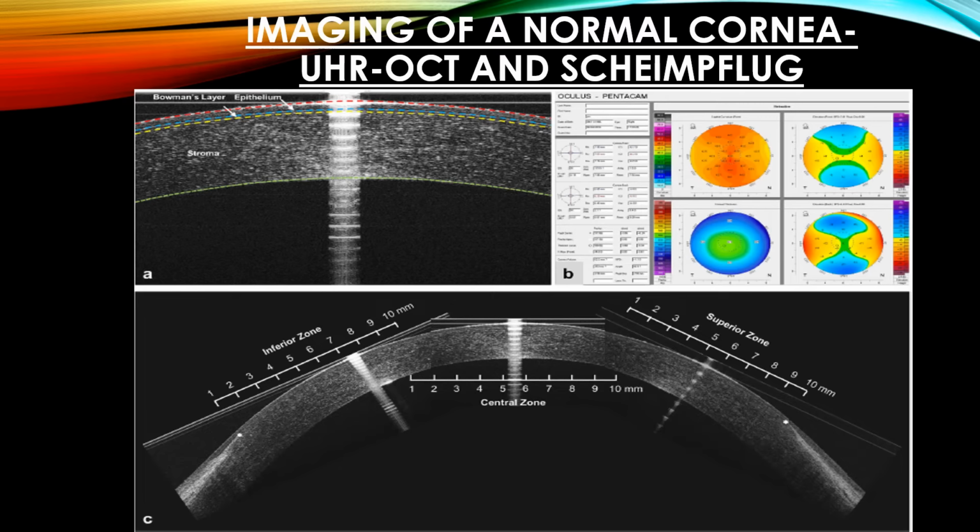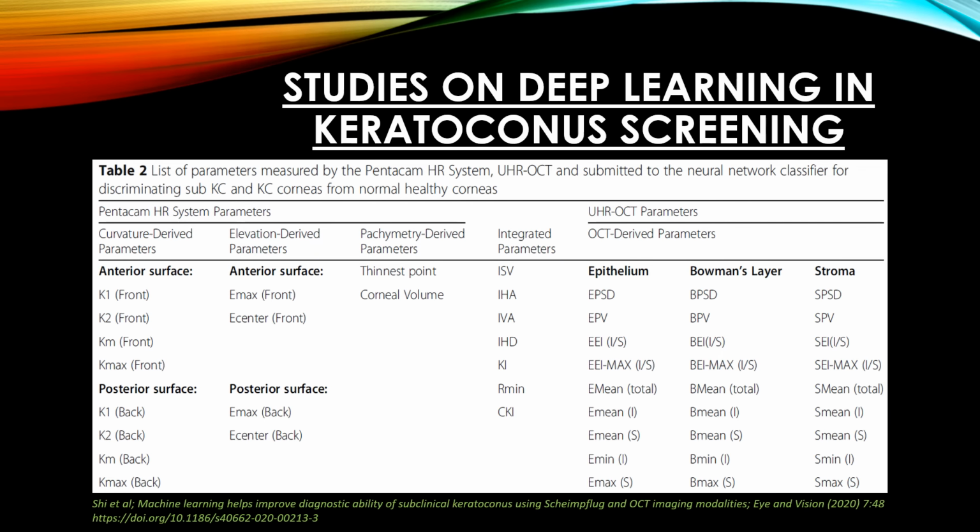There's an ultra high resolution imaging on OCT and we are using Scheimpflug images. There have been studies on use of deep learning in keratoconus screening. These were the various list of parameters which were measured by the Pentacam high resolution system, ultra high resolution OCT, and submitted to the neural network classifier for discriminating subclinical keratoconus and keratoconic corneas from normal healthy corneas.